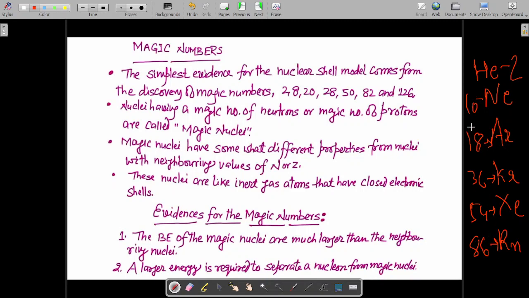So what is the speciality? When you write the electronic configuration of helium, it is 1s2. For neon, it is 1s2, 2s2, 2p6.